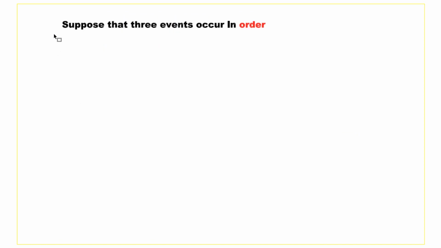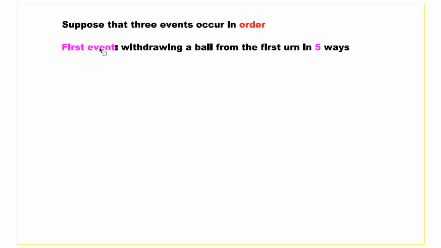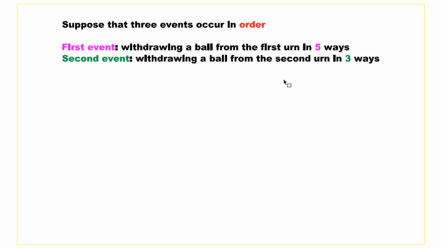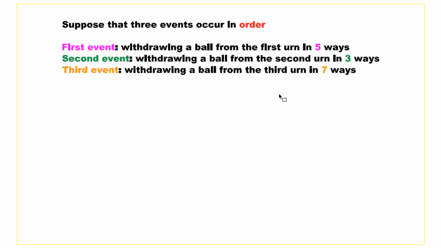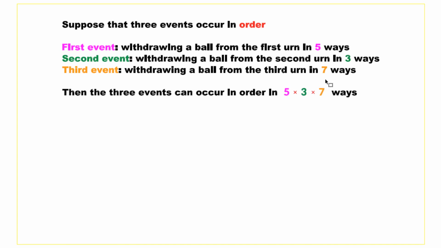Suppose that we have 3 events which occur in order one after the other. So the first event can occur in 5 ways, and the second event can occur in 3 ways, and the third event can occur in 7 ways. So the number of ways of occurrences of all these events is 5 times 3 times 7 ways.